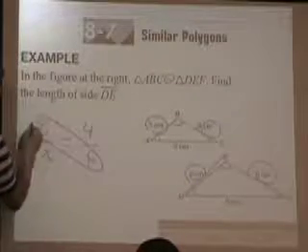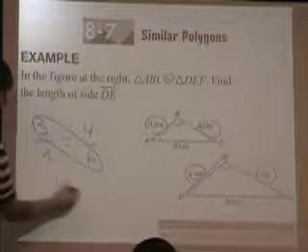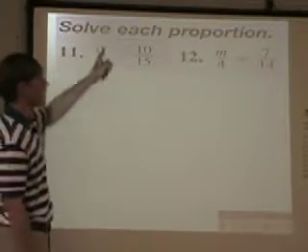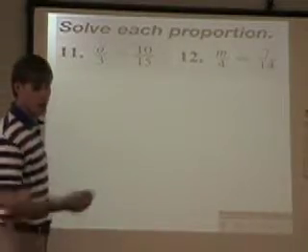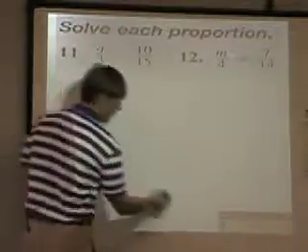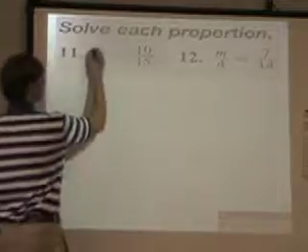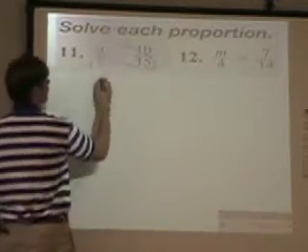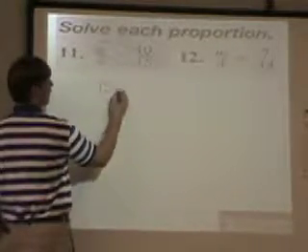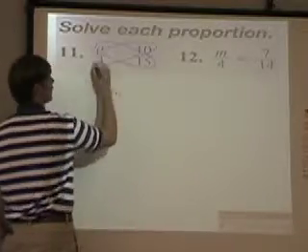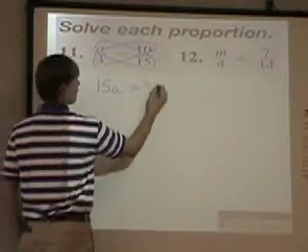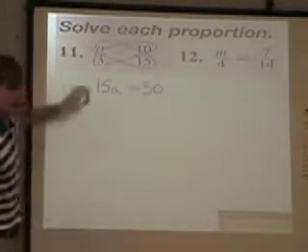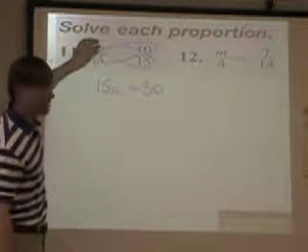To solve for a variable in the proportion, you cross multiply. Then you divide. So you got 8 times 15 is 15a. And you got 3 times 10, 30. So they gave us two ratios. One of them had a variable.